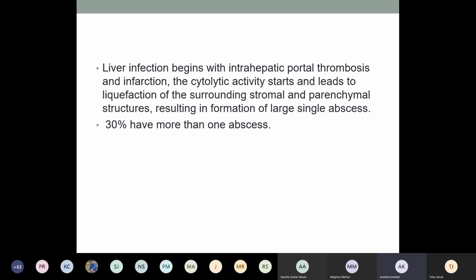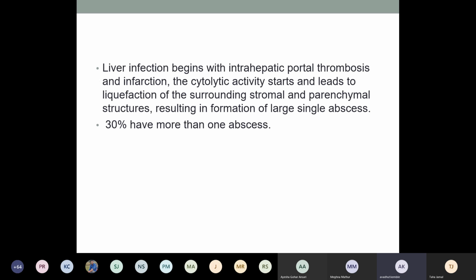Liver infection begins with intrahepatic portal thrombosis and infarction. The cytolytic activity starts and leads to liquefaction of surrounding stroma and parenchyma of the liver, resulting in the formation of a large abscess.